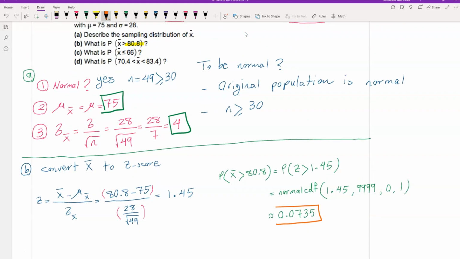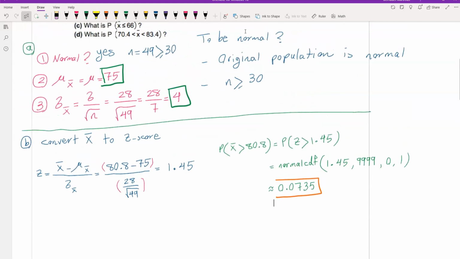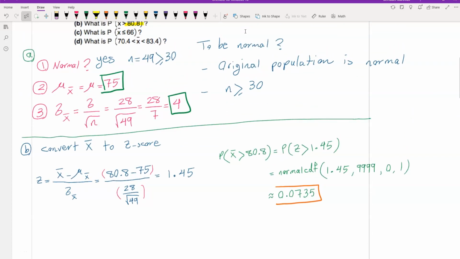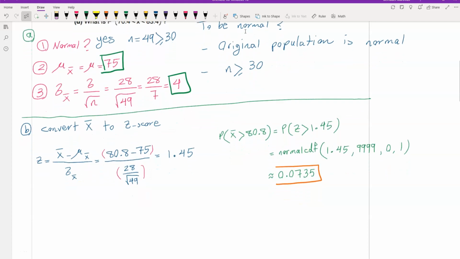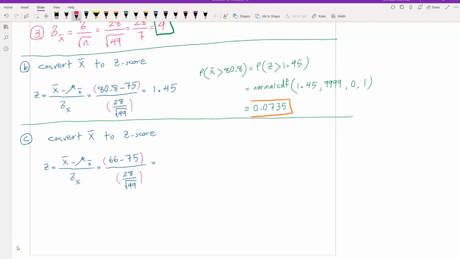Part C: what is the probability when X bar is less than or equal to 66? Everything is exactly the same. Here again we have X bar, so we have to convert to a Z-score first. X bar is 66, and the mean of the sample mean is the same as in parts A and B, 75, divided by the standard deviation of X bar, 28 over square root of 49.